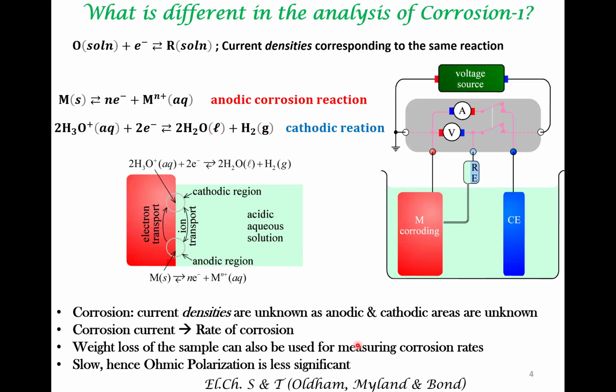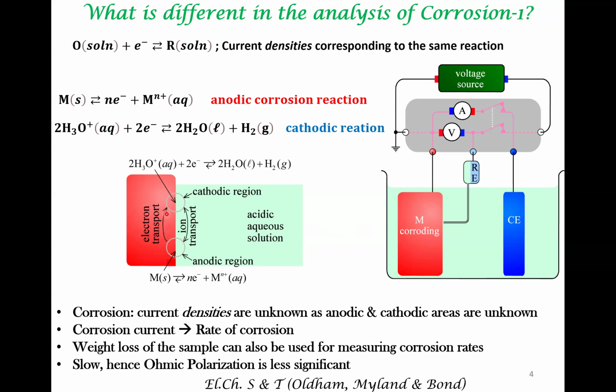And it's also important to understand that the ohmic polarization is less significant in all corrosion studies. Okay, there are different ways to think about this. Ohmic polarization is associated with IR drop. So I is relatively small in corrosion, and R is also less due to some reason.